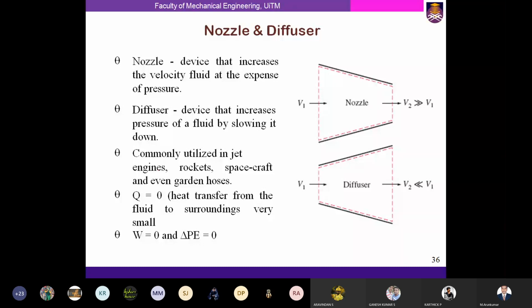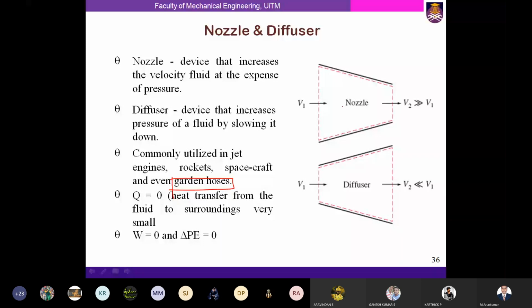Nozzles are commonly utilized in jet engines, rockets, spacecraft, and even a garden hose. You can take this simple example of a nozzle in a garden hose.